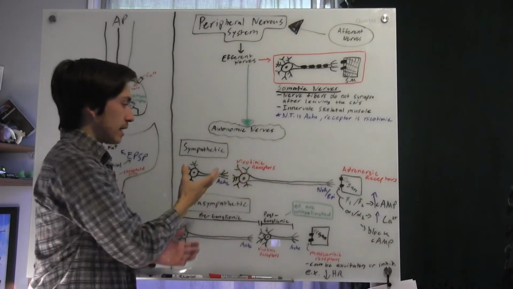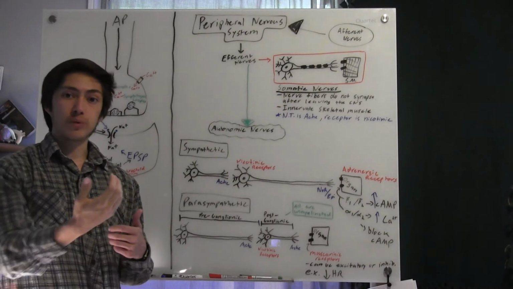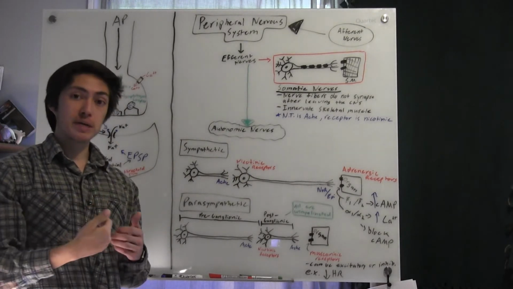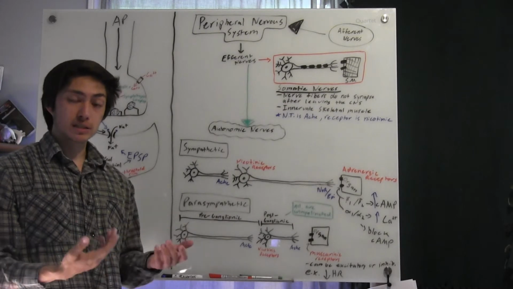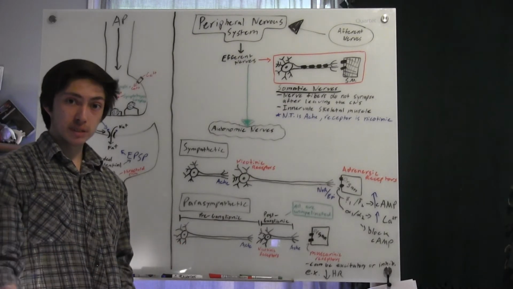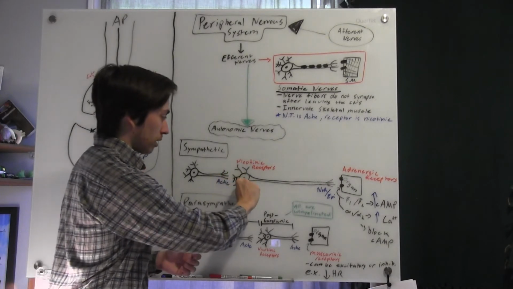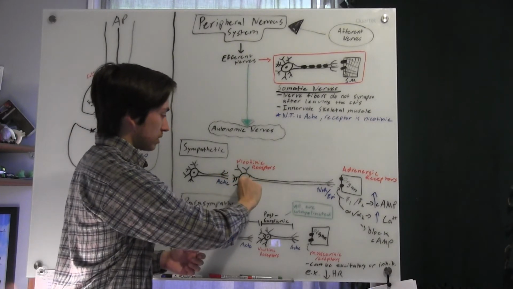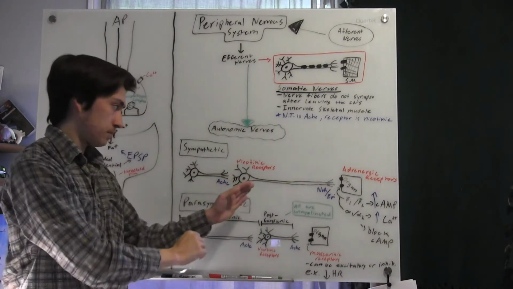So once we get enough nicotinic receptors open and we have the sodium coming in, and then we have a lot of EPSPs, excitatory postsynaptic potentials, then we can have a threshold stimulus, right? And then that will cause us to depolarize the neuron and cause an action potential to propagate through the axon.